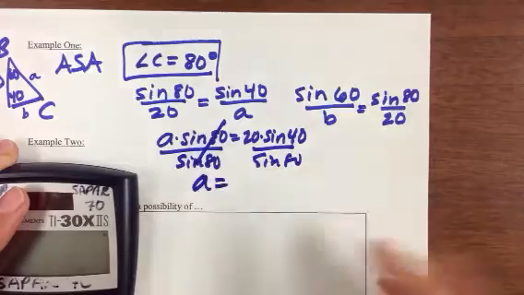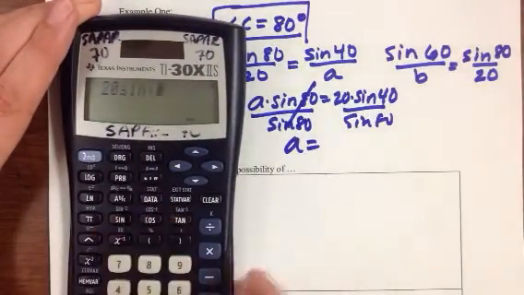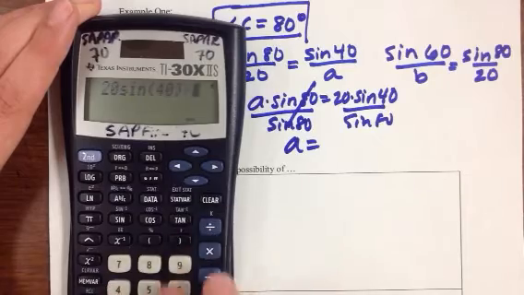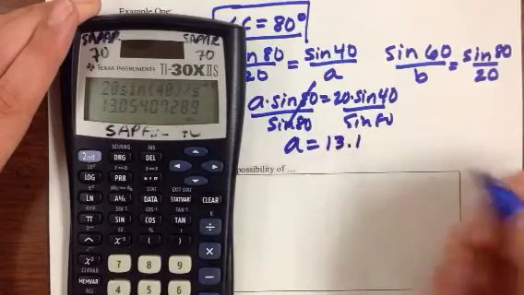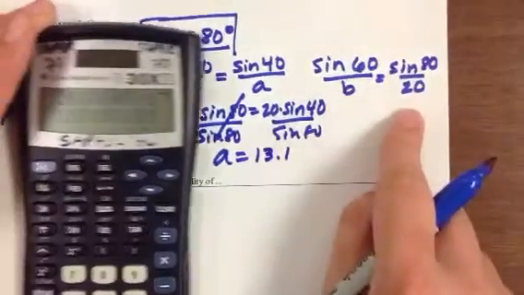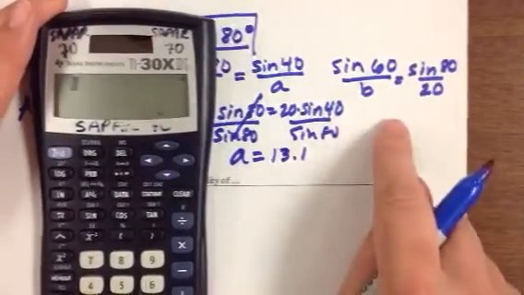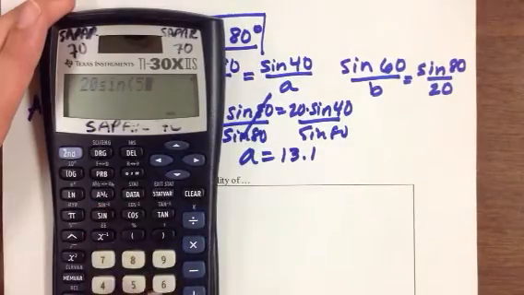So a equals 20 sine of 40 divided by sine of 80, and a equals 13.1 if I'm rounding to the nearest tenth. Now do the same thing for b. I'm not going to show all the steps, but we would take 20 times sine of 60.